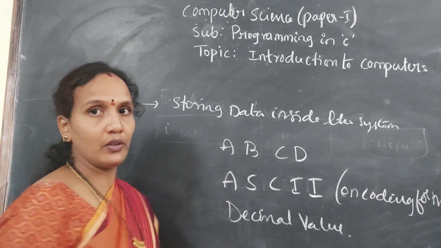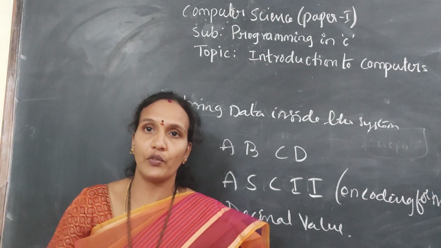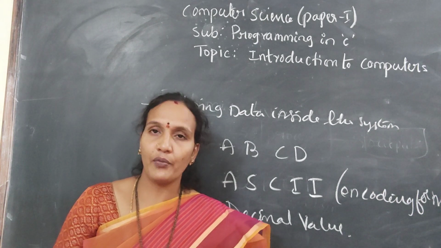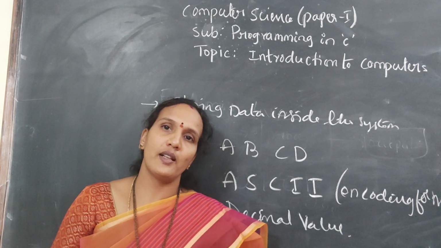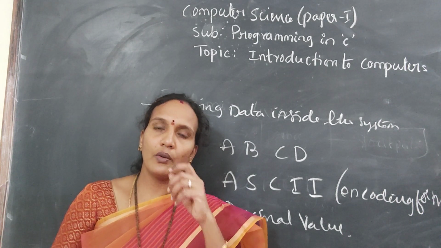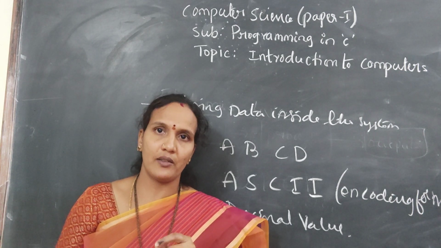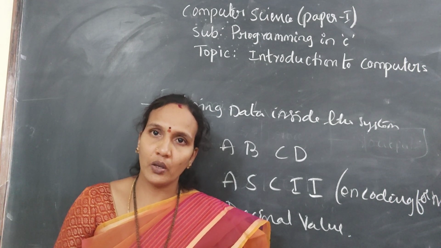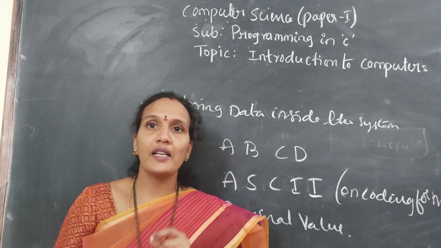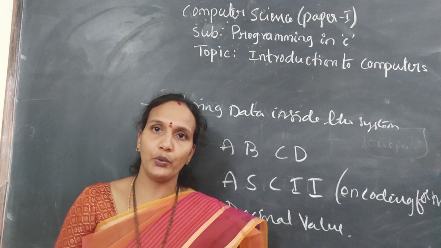Decimal means whatever number format we use, like 1, 2, 3, 4, 5, 6, 7.